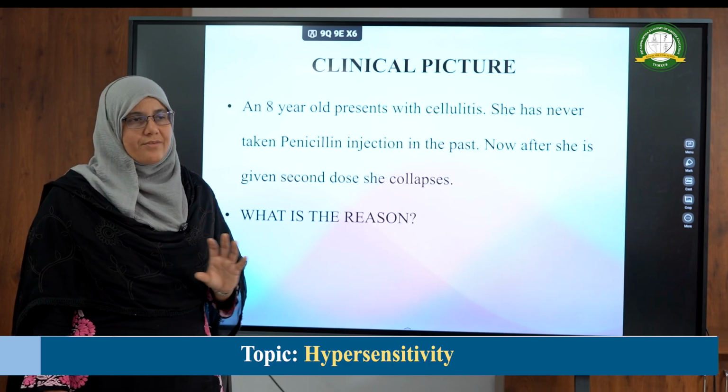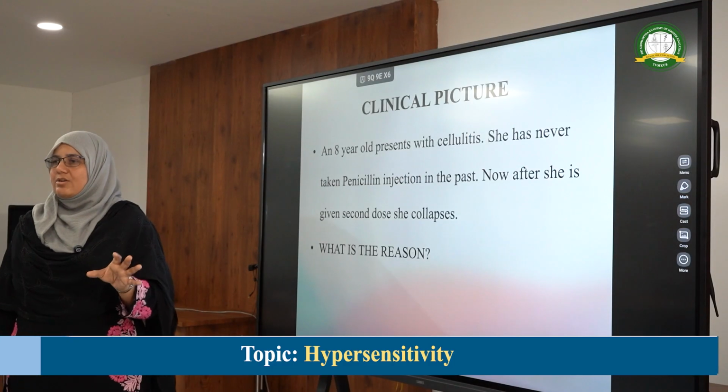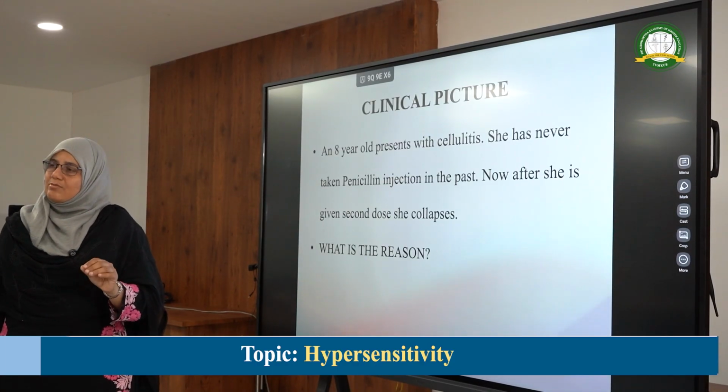Ultimately what we saw was the effect it caused, like there was local wheal and flare reaction because of this vasodilatation and large amount of these secretions, and there was damage also.